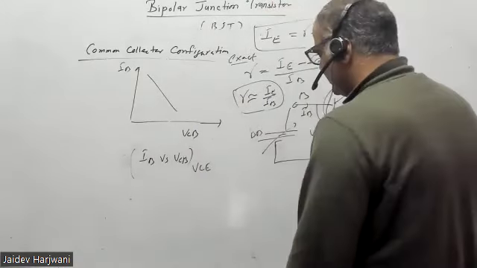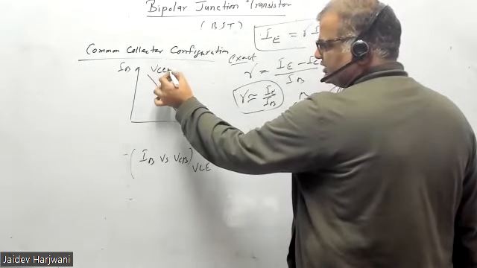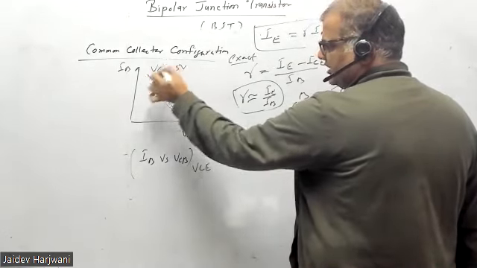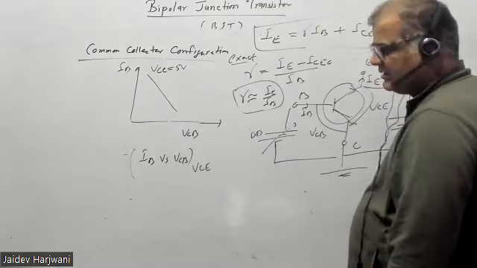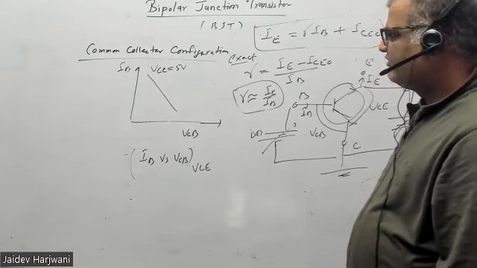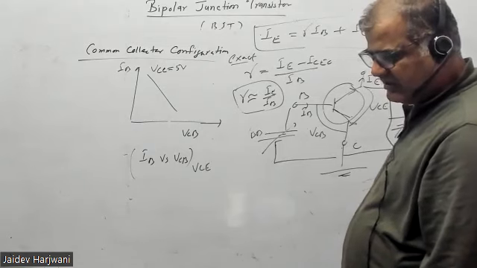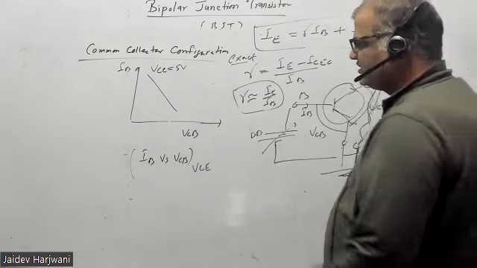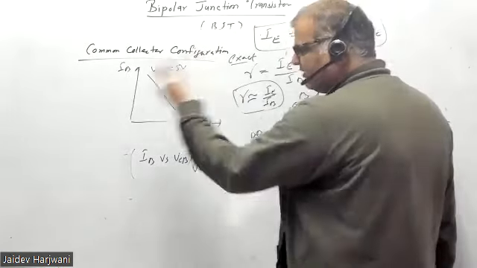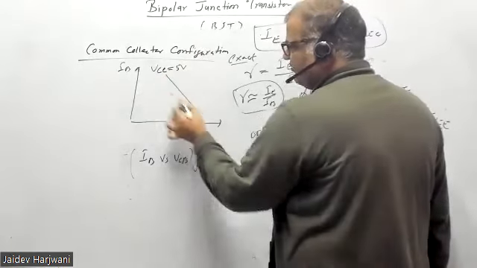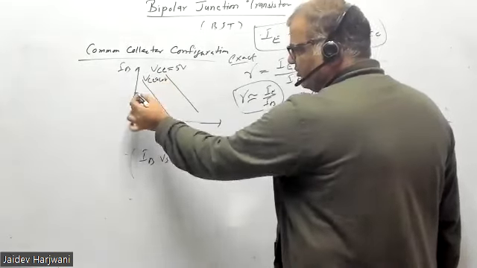You are keeping VCE constant for this curve. Say this is VCE 5 volt, and I'm plotting this against VCB, so it will come like this. Now if I further increase VCE, meaning VCB increases, what will happen? IB goes further down. Say this is for 5 volt; if I put VCE 10 volt, IB goes further down.